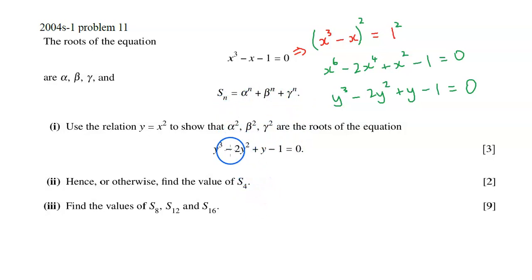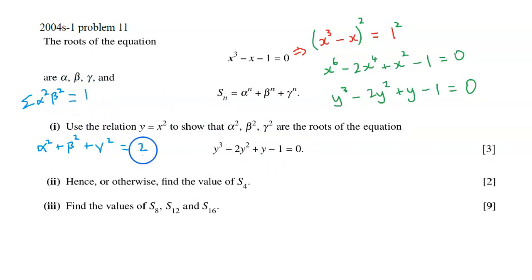So from this equation here, we can see that alpha squared plus beta squared plus gamma squared is equal to negative negative 2, which is 2. So alpha squared plus beta squared plus gamma squared equals 2. And we also can find that the sum of alpha squared, beta squared is equal to 1.